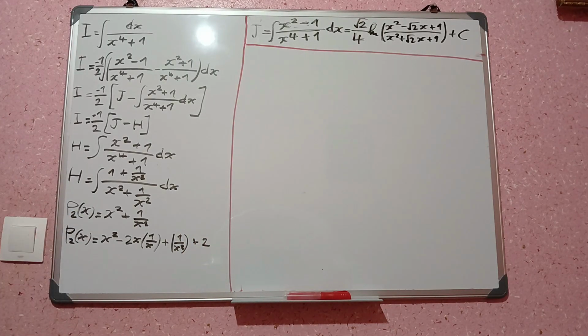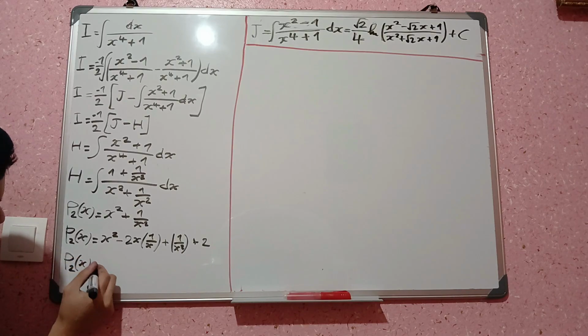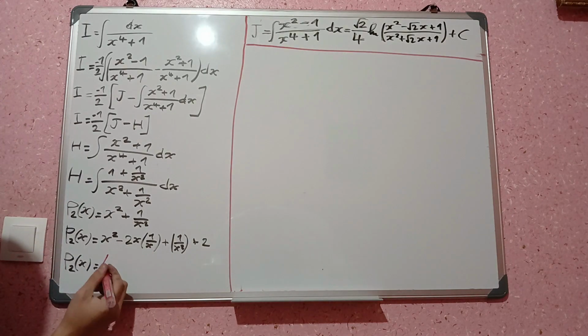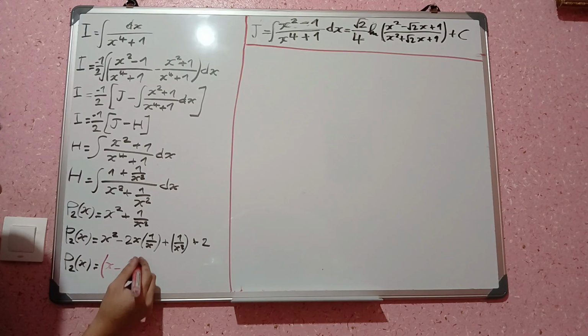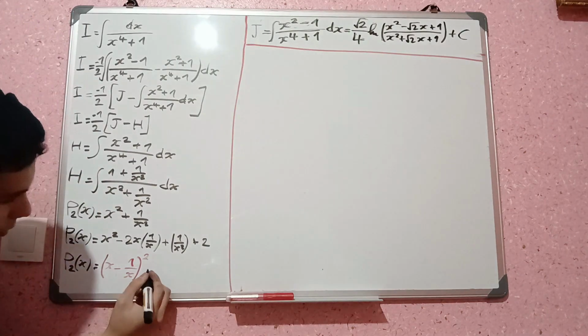So that it will be equal to the complete square x minus 1 over x all squared, plus 2.